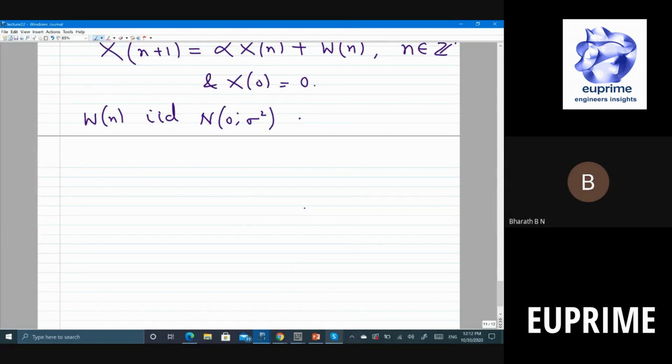Okay, this is the Gauss-Markov process. Is that fine?